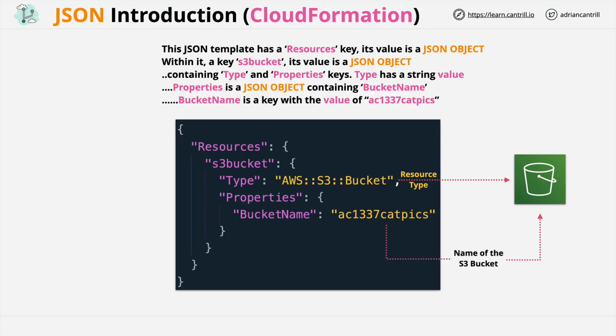Now, an important point to note, while I am showing this JSON document with indentation, it's not actually required. Because JSON uses speech marks, curly and square brackets, everything is enclosed. You know that S3 bucket is inside resources because it's contained within curly brackets.